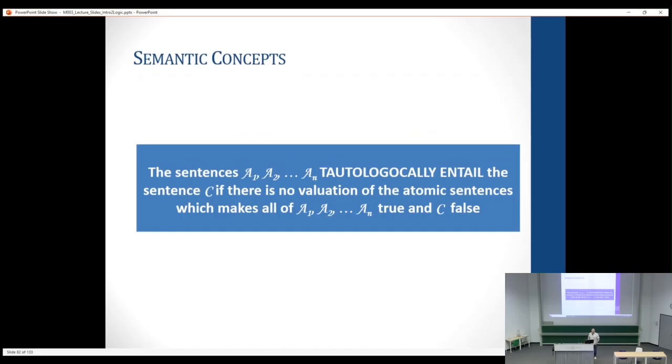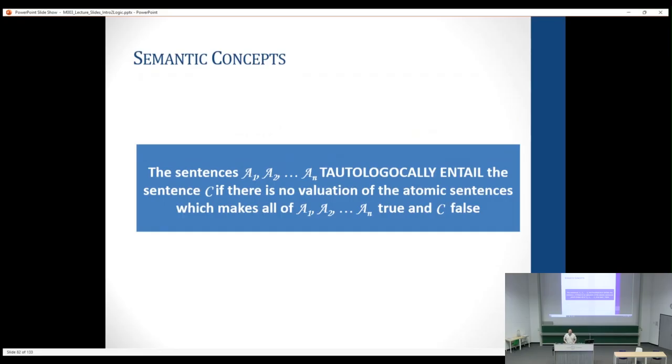We're going to define tautological entailment. We'll say that some sentences A1 through AN tautologically entail the sentence C if, and only if, there's no valuation, the atomic sentences, which makes A1 through AN true and C false.